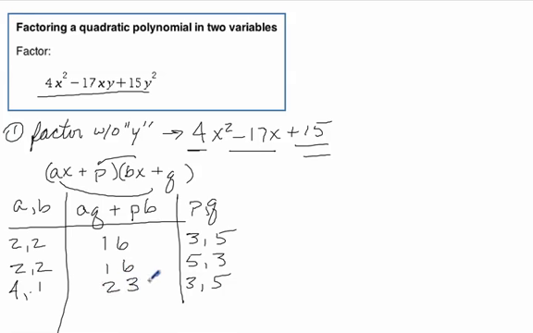Right? But if we subtract them, what does that give us? If we have the 4 and the 1, and we have the negative 3 and the negative 5, because this is a positive, we know that these two signs are both going to be negative, right?